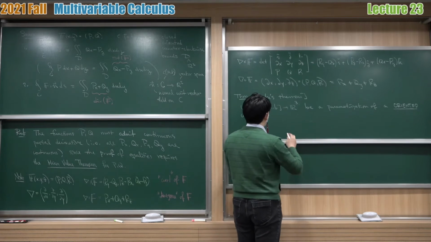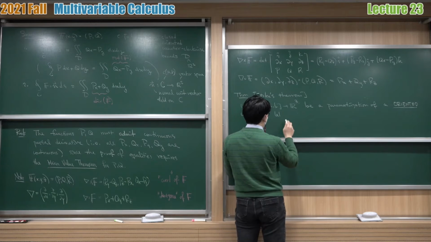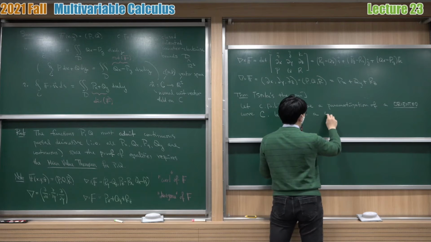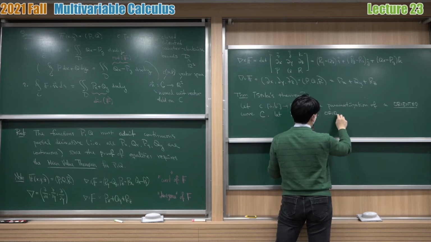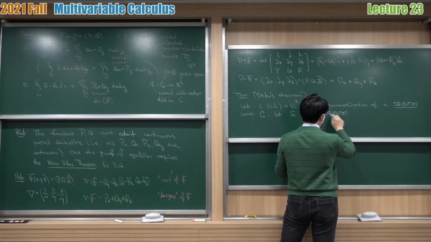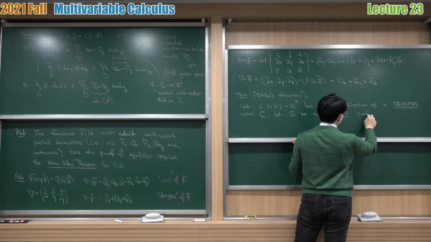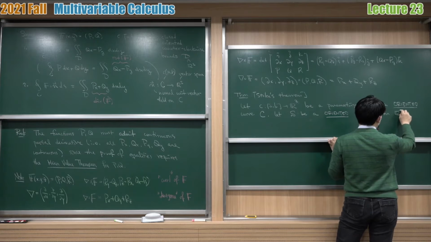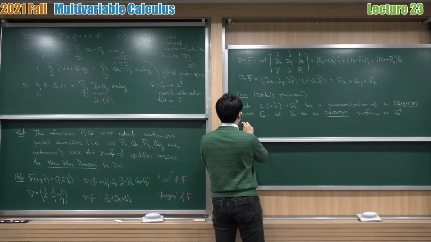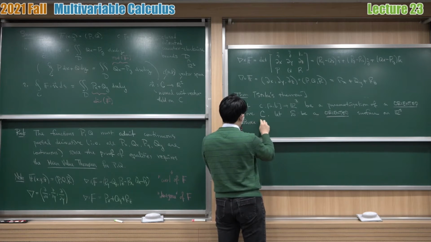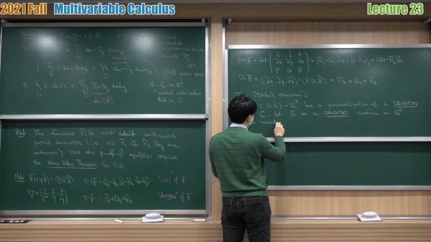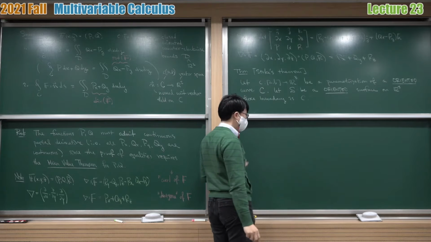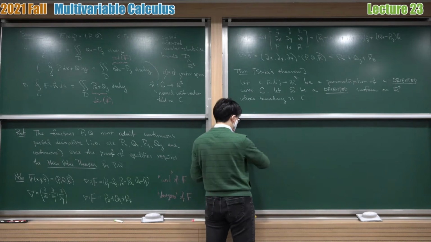And then let S be an oriented surface in R3 whose boundary is C. Now, I'm going to give a picture here.